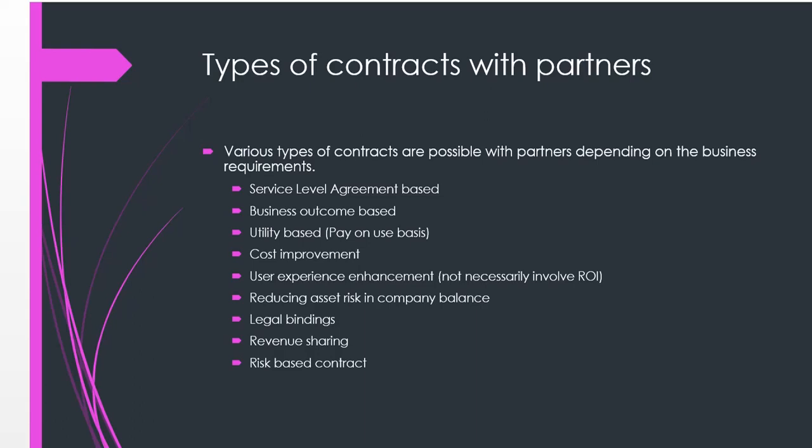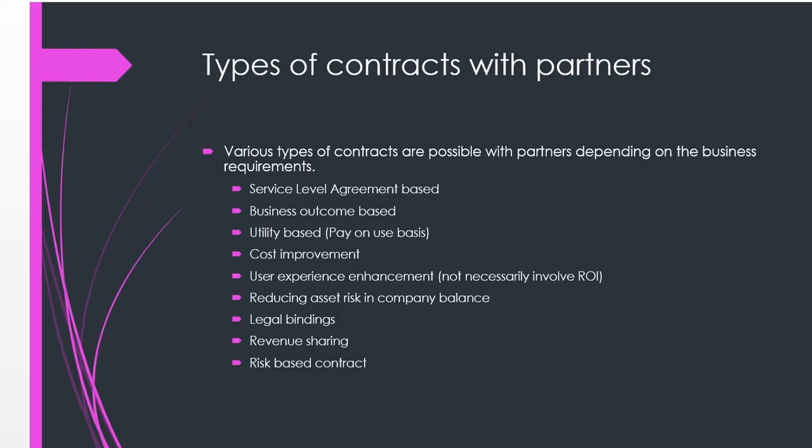So, for example, if it's uptime, you could say we expect a system or website uptime of 99% per day for you to be able to say you've actually achieved your work. Then there's also a business outcome based contract, where you say we expect a certain outcome based on your operations. So we can say we expect more people to visit our website because now you are managing that side of our business. So that's a business outcome based contract.